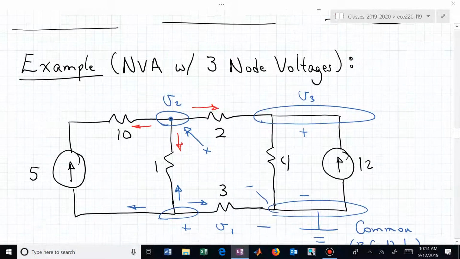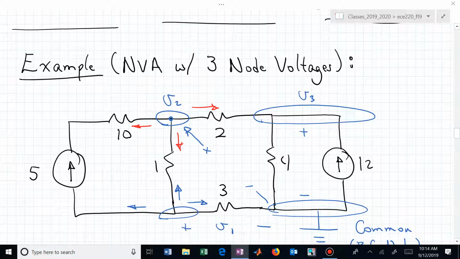What about the current going to the right? It's where we are, V sub 2, minus where we're going, V sub 3, divided by 2.